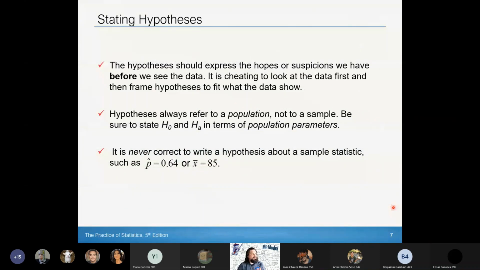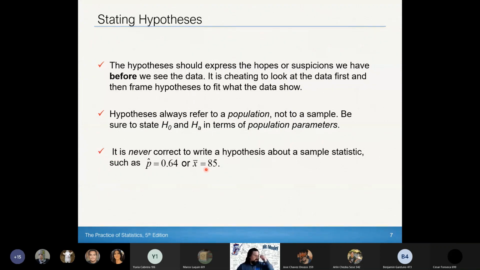Our hypothesis should express the hopes or suspicions we have before we see the data. It is cheating to look at the data first and then frame hypotheses to fit what the data show. It's not fair. Hypotheses always refer to a population, not a sample. Be sure to state H naught and H sub A in terms of population parameters, P, mu, sigma, right?